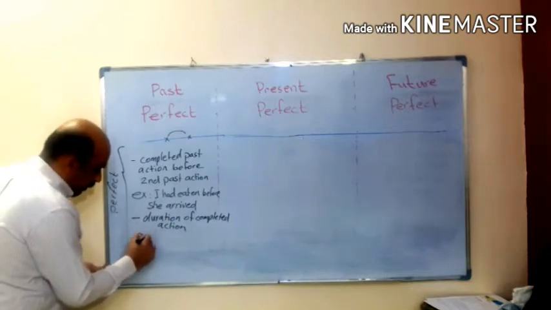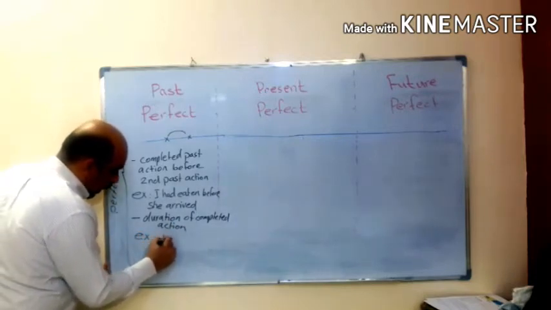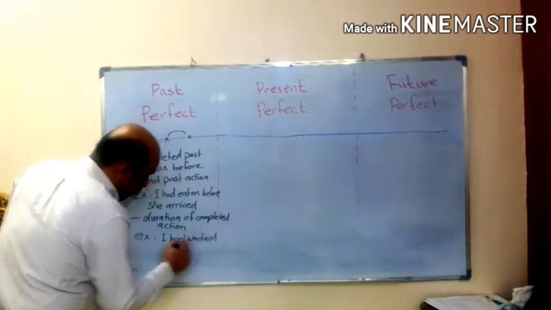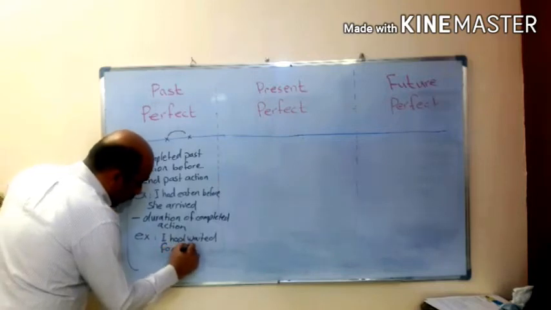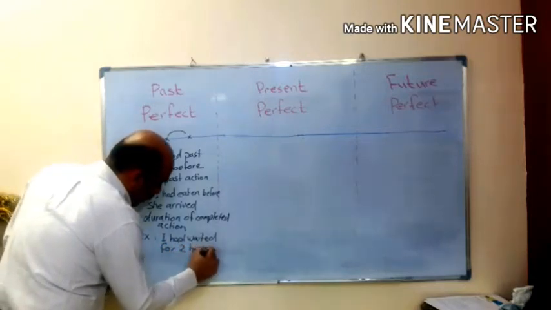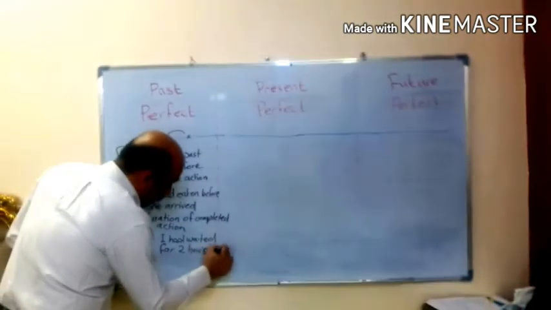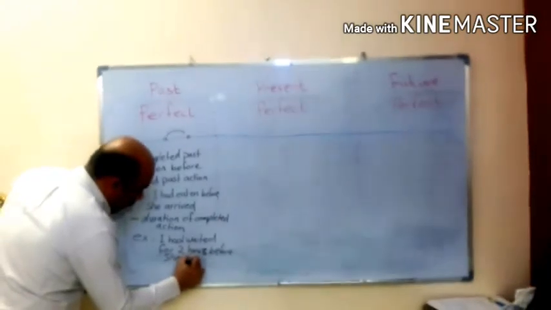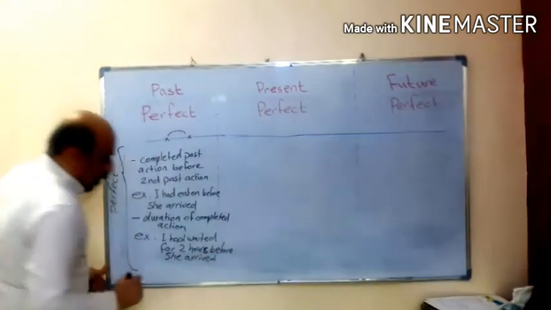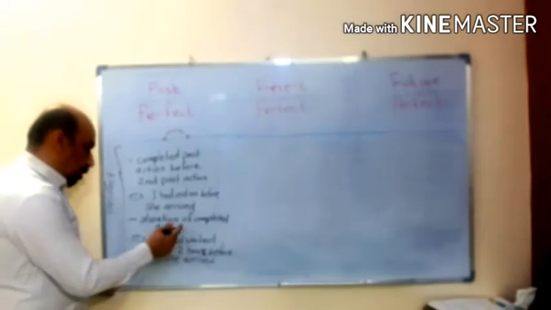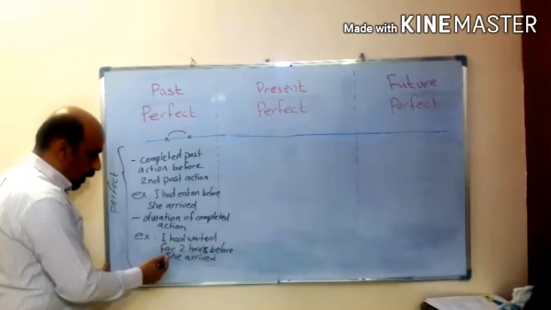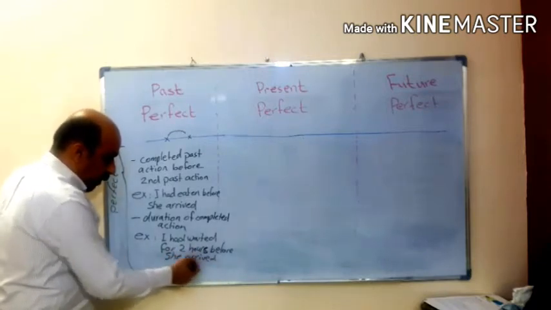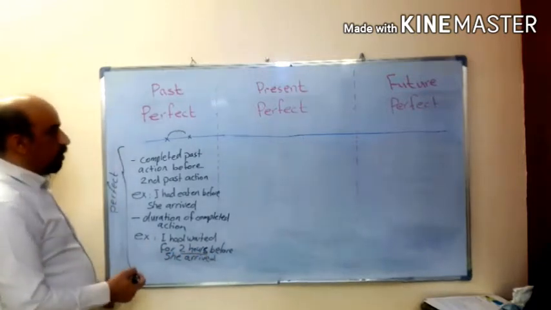For example, I had waited for 2 hours before she arrived. Look, we have past perfect, had waited, and past simple, with a duration of 2 hours.